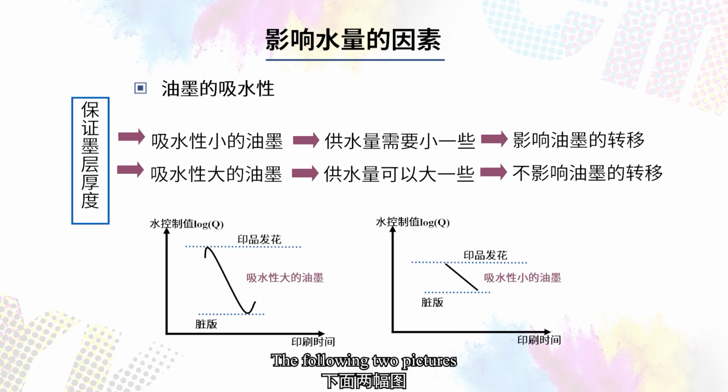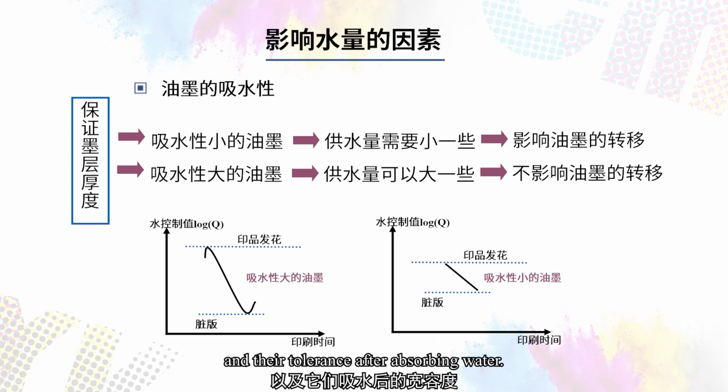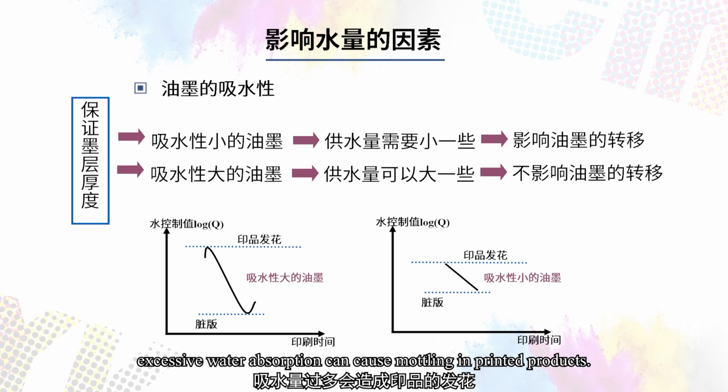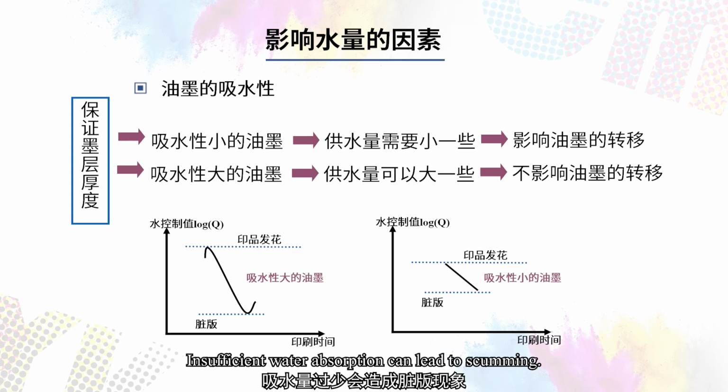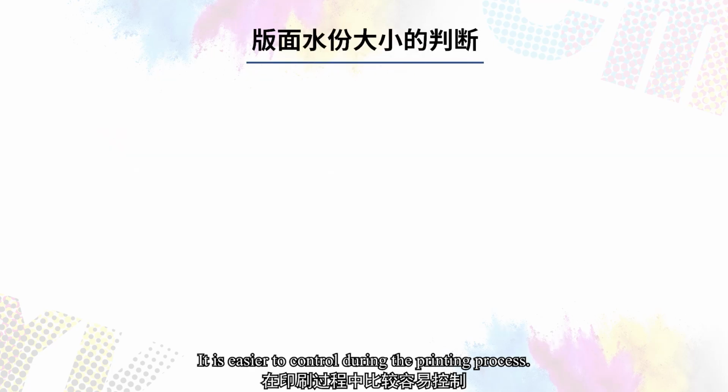The following 2 pictures represent the water absorption performance of different inks and their tolerance after absorbing water. For inks, excessive water absorption can cause mottling in printed products. Insufficient water absorption can lead to scumming, and inks with higher water absorption also have a greater tolerance for water absorption. It is easier to control during the printing process.